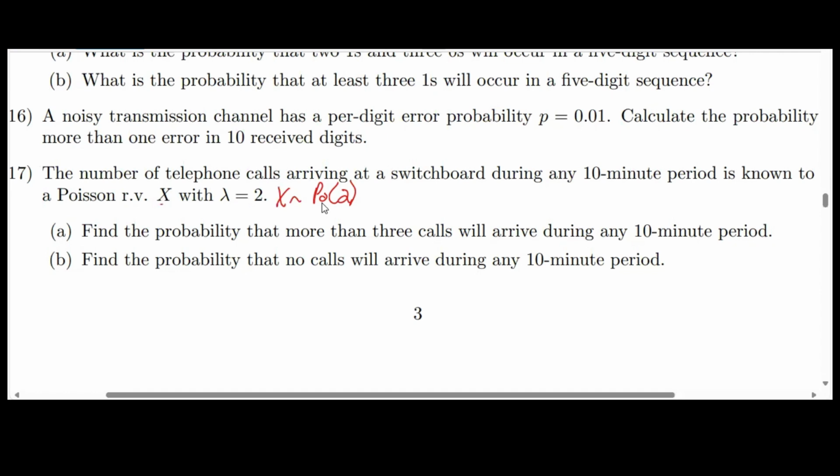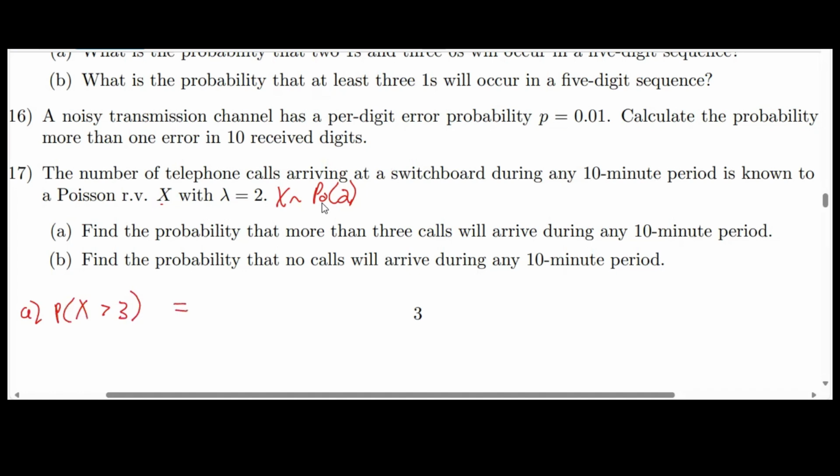So we know the sum of the probabilities has to add up to 1. Knowing that will help you out when I give you these less than and more than questions. So the probability that X is more than 3. We could take full advantage of the sum of probabilities adding up to 1.